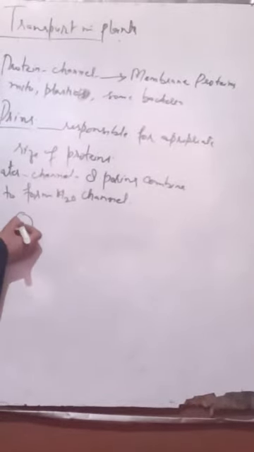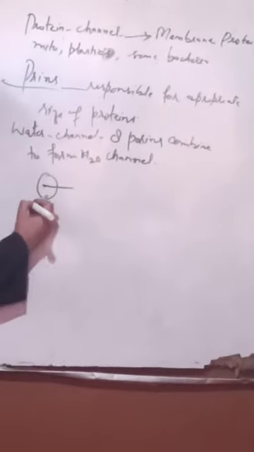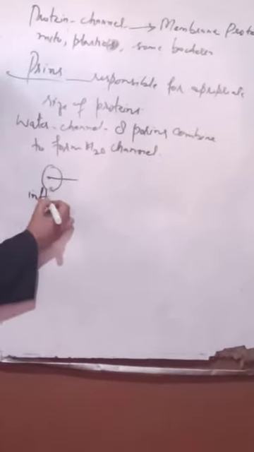When a molecule moves inside the cell, for example, it is a cell and there is a molecule, we call it influx. And when the molecule moves outside the cell, we call it efflux.